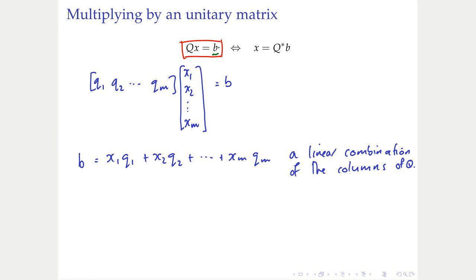What this is saying is that if we take the basis consisting of the columns of Q, then we can construct b as a linear combination of those basis vectors Q1 through to Qm. So the vector x is like a vector of different coordinates for that same point when we're talking about the basis Q. Let's just write that one down.